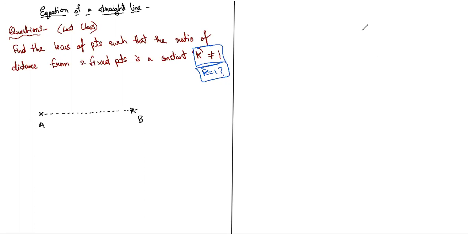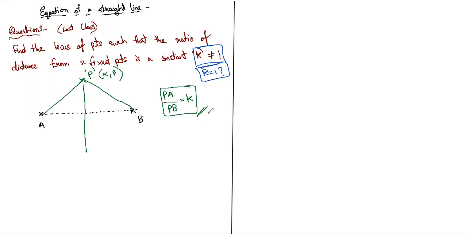We assume that the unknown point is some point P. Let P be a point satisfying the given condition. Let us say P is any point alpha comma beta. What is the given condition? In the question it is said PA by PB is equal to k. So this is the condition given in the question.